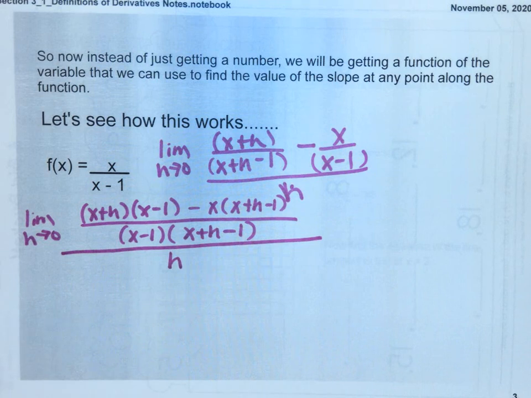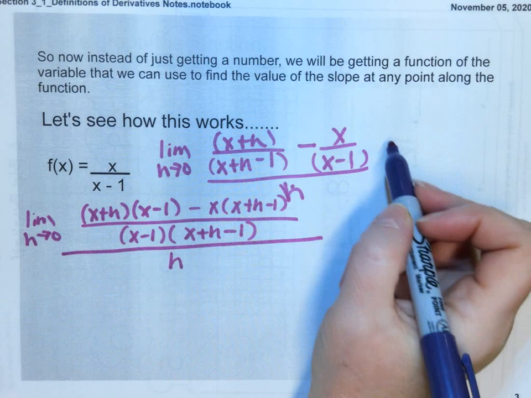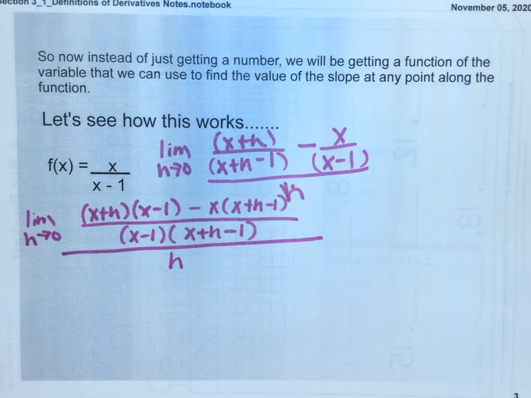Whew. Yuck. From here to here, I just found my common denominator. That's not so horrible if I just let them be multiples and be done with it. Okay, so far so good.